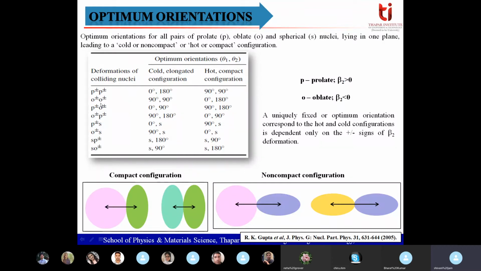But as you go to oblate, it gets reversed: theta optimum for cold configuration becomes 90, and for hot configuration it becomes 0 or 180 degrees. So this is how they obtained the optimum orientation for quadrupole deformed nuclei.